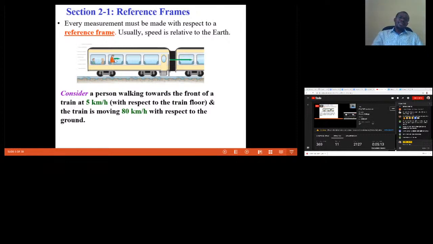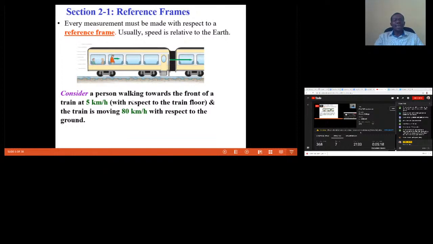Now, imagine that there is someone who is standing by the train station on the ground and looking at this same person. That person will not observe 5 kilometers per hour. This person is going to observe this guy as moving at a speed equal to the speed of the train itself, which is 80, plus the speed of this person, which is 5 kilometers per hour.